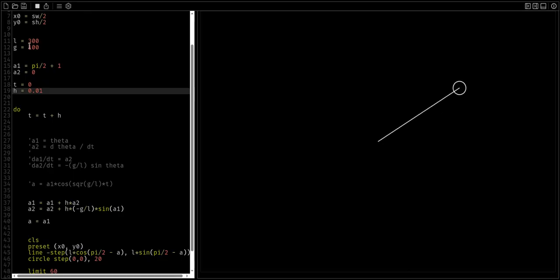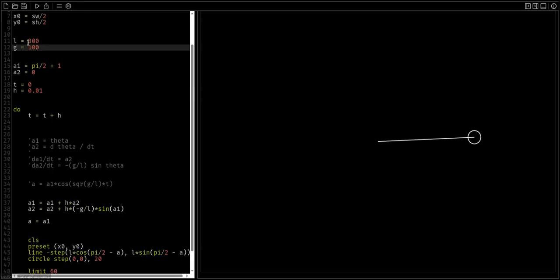Okay. So here we get something that looks gravitational. It's slow at the top, it's fast here, and then slows at the very top.